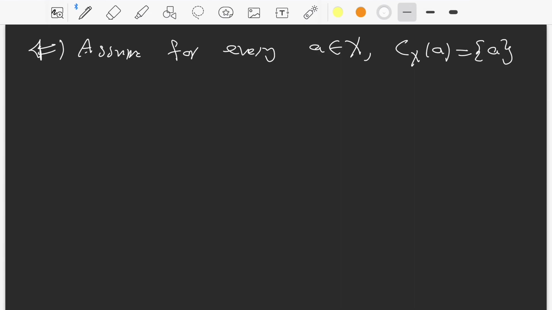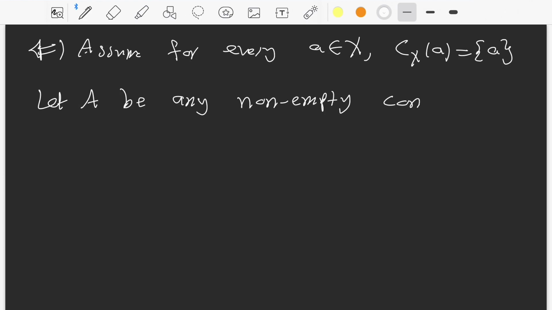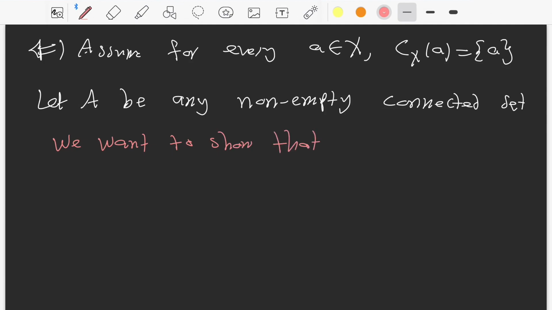Now, let A be any non-empty connected set. We want to show that A is a singleton.